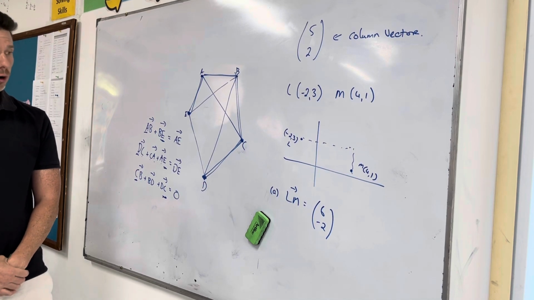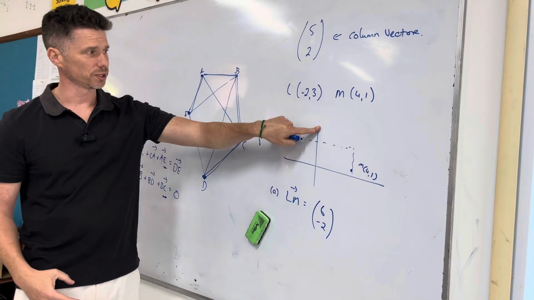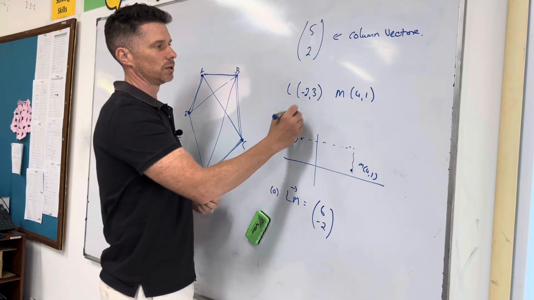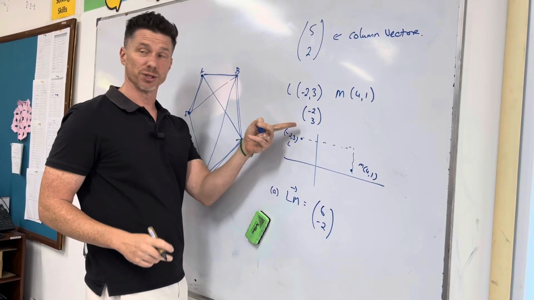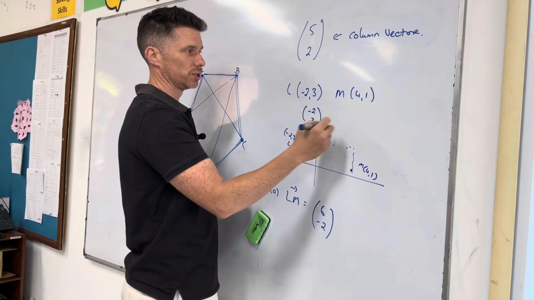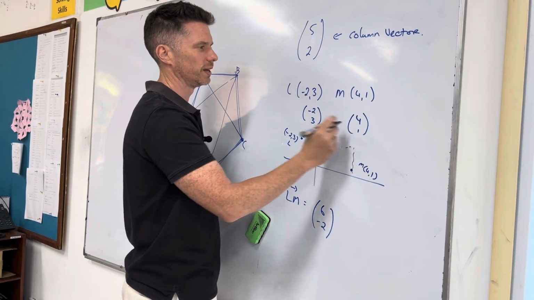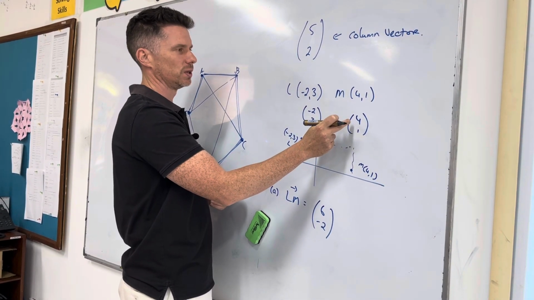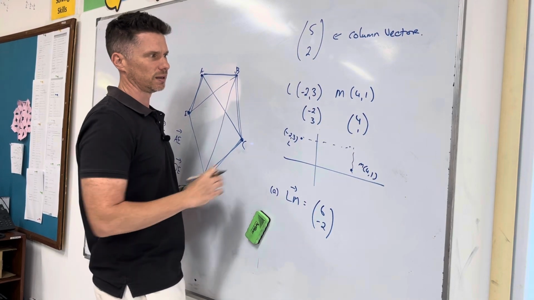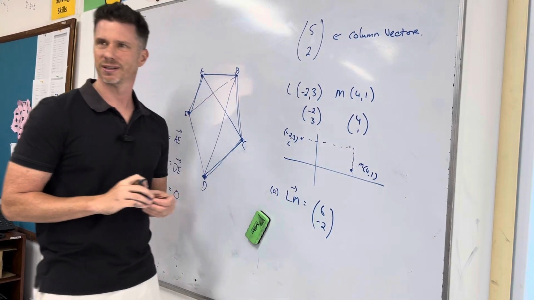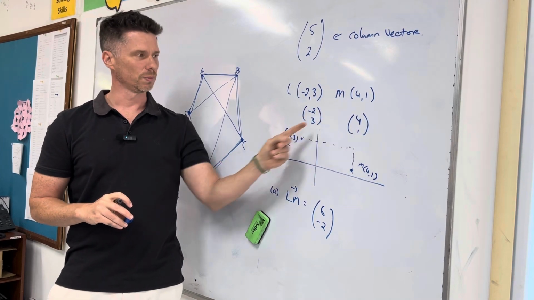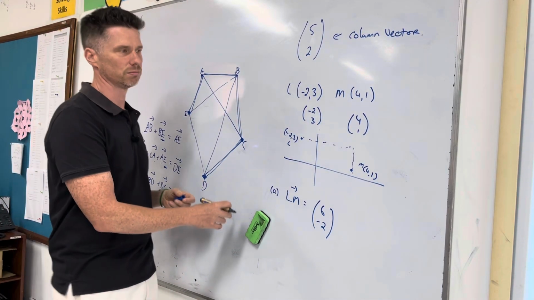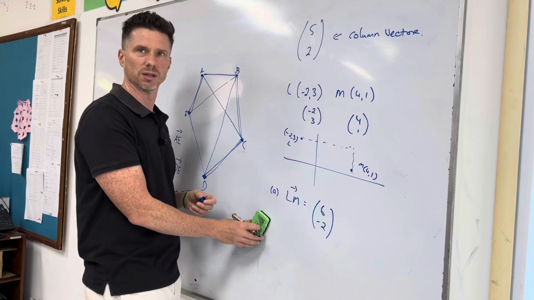Yes, to formalize the process, you could write these points, if you like, as a position vector. So 4, 1, and you go, right, how do I get from here to here? It's 4 minus 2 and 1 minus 3. So I just subtract them, yes.